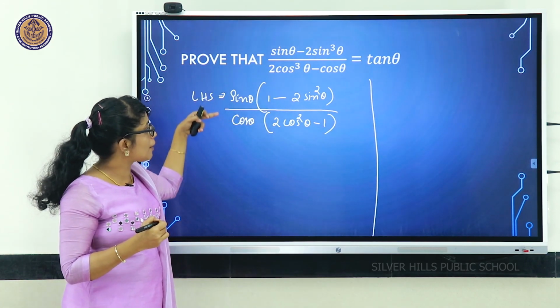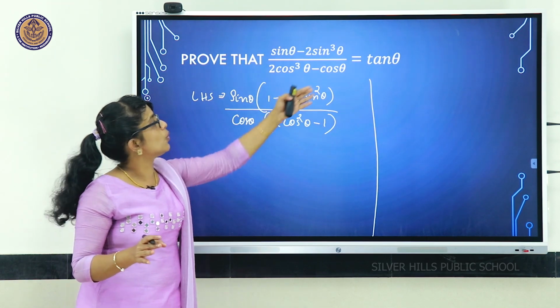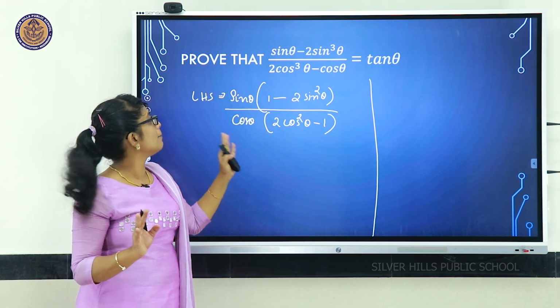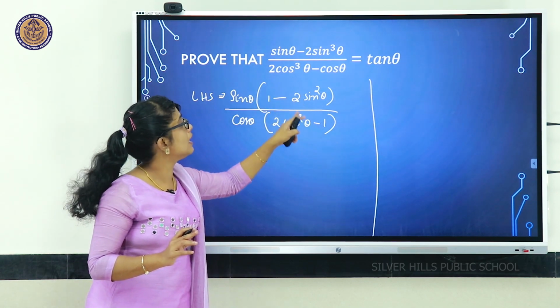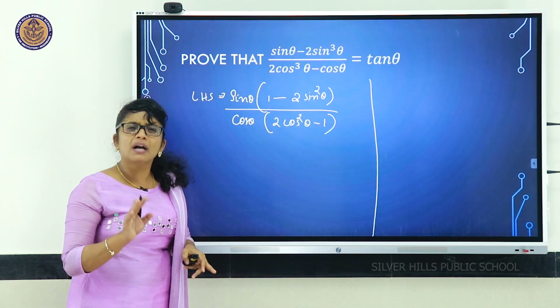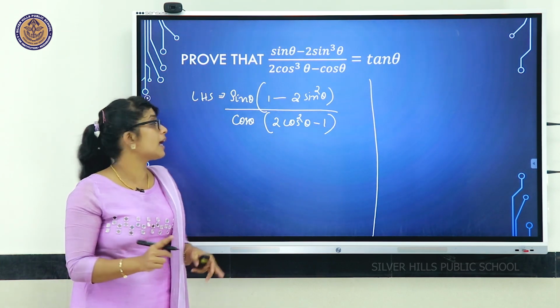Here sin theta by cos theta, we know that it is tan theta. So we can prove easily, but how? We have to cancel this numerator and this denominator, but both are not the same, so we have to make them the same.